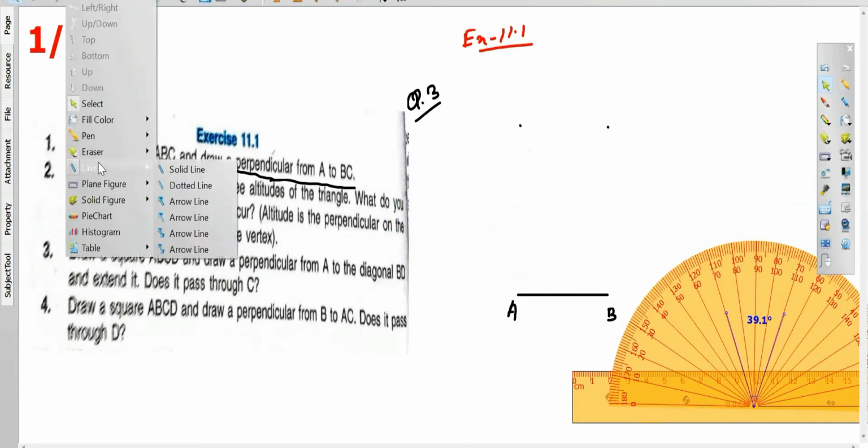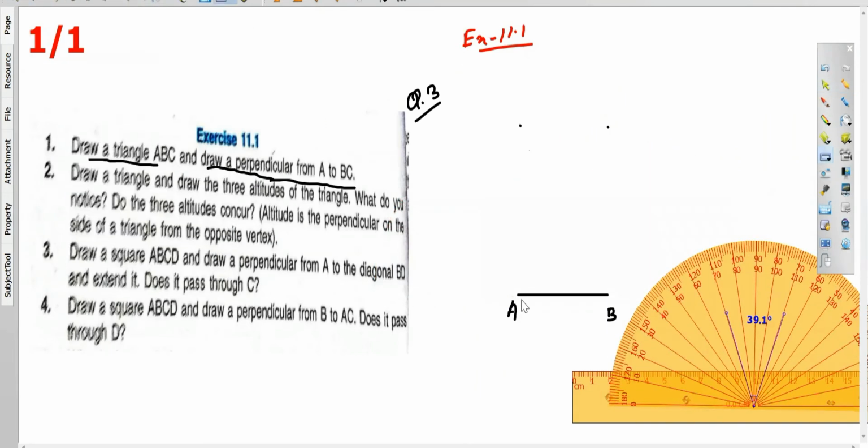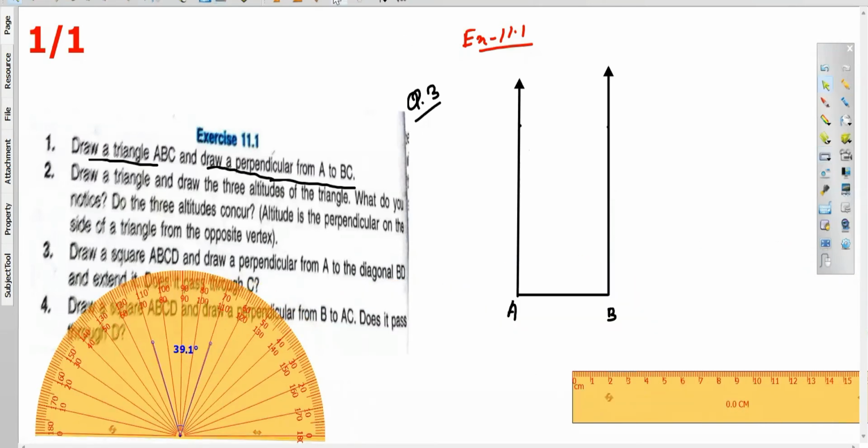Now we'll draw a ray for further construction. Now in order to obtain a square, we need to take the compass for the next step. As each side of the square is 5 centimeters, take an arc measurement of 5. Now you can see that this is exactly the arc radius of 5 centimeter.